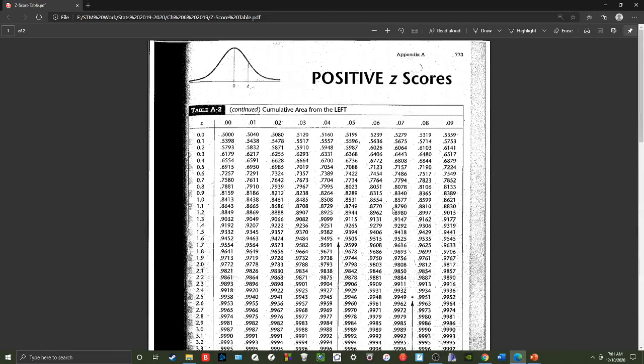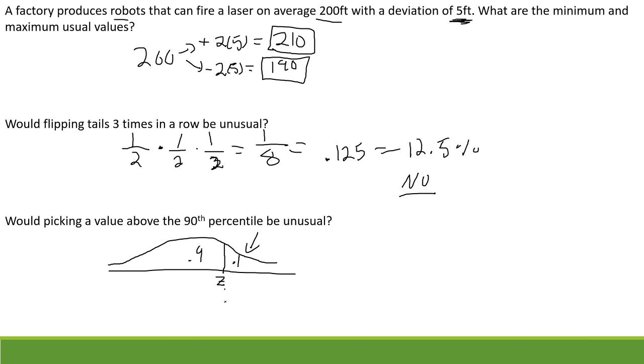I think we did this once before. So my z-score for 0.9, which, again, the best estimate I have is 0.8997, is 1.2 and 0.08. So that z-score is 1.28, which is not unusual.